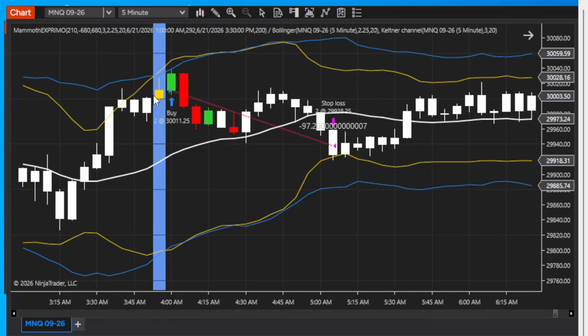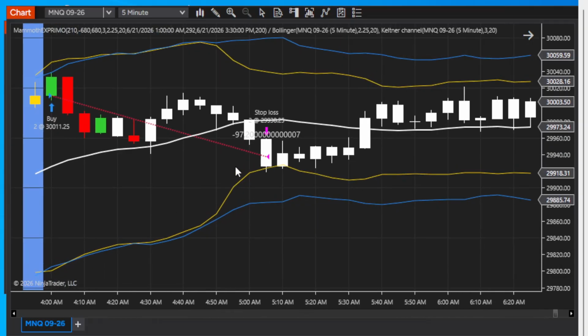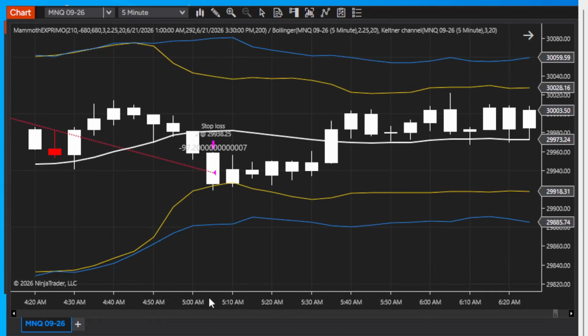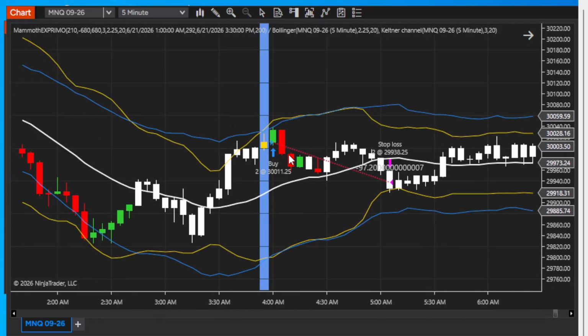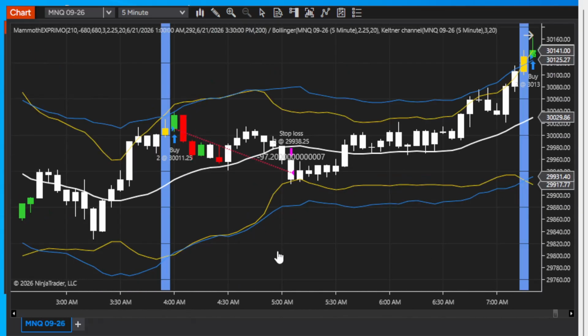All the conditions are met, and a long trade happened. Unfortunately, the market didn't take off and it hit a stop. So after 2 trades, you are negative $97.20. I'll show you the settings and parameters of this strategy later.